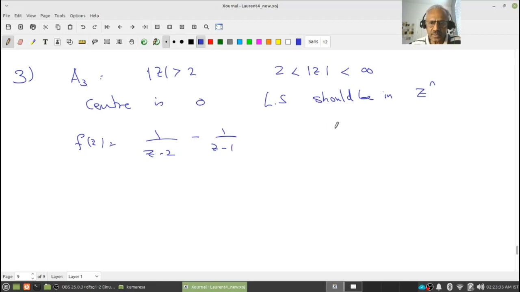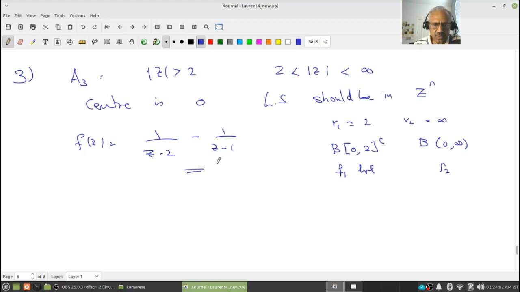And now what is our R1? R1 is 2, R2 is infinity. Therefore, the complement of B(0, 2), that is B(0, infinity). So my f1 should be holomorphic here, and f2 should be holomorphic here. But let's look at this. Outside this disk B(0, 2), these are holomorphic.